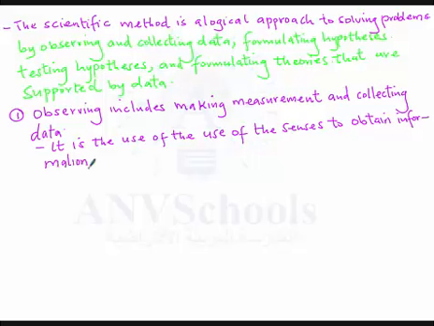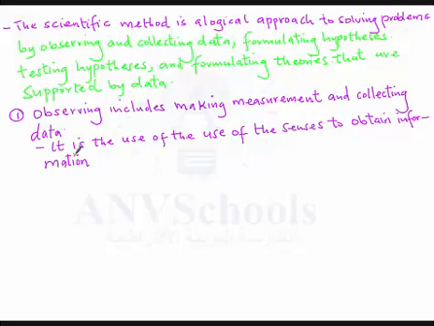So here when I'm talking of senses, I am talking about the five senses: the sense of smell, the sense of sight, the sense of touch, and so on.